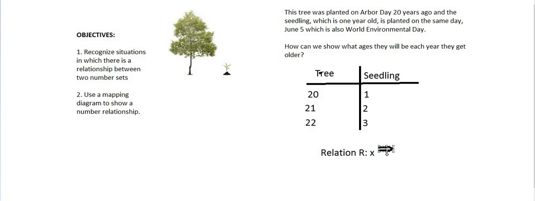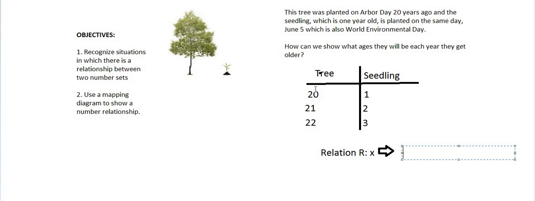X maps onto, now what did we do to these values over here to get these values over here? What can you do to the tree's age to get the seedling's age?